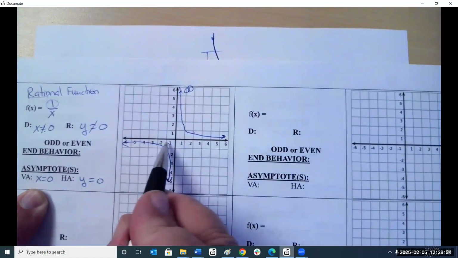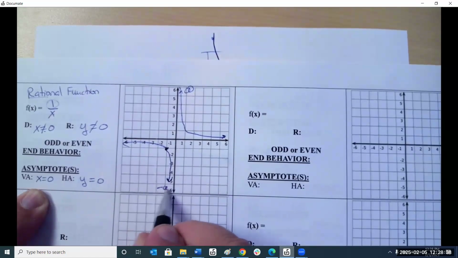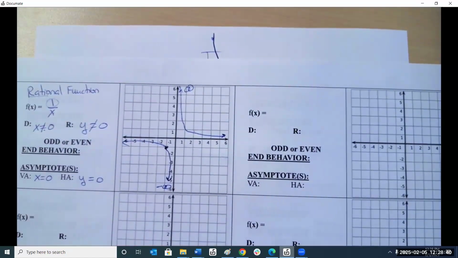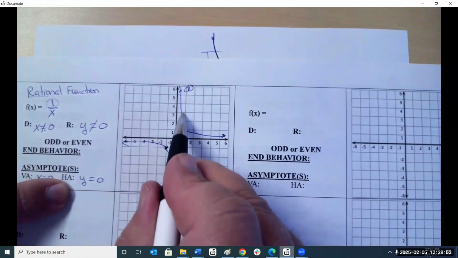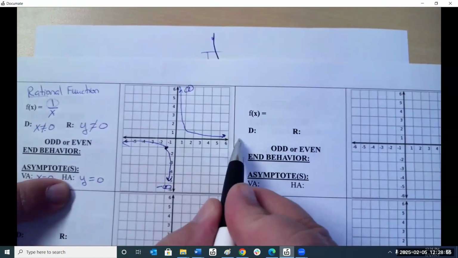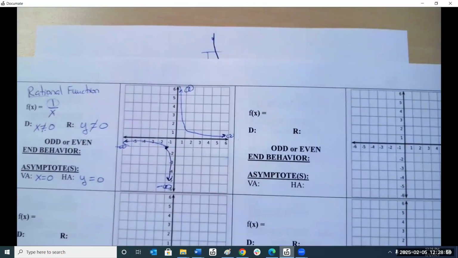As it gets closer to 0 from the left, it goes to negative infinity. That's what defines a vertical asymptote: as we get closer to it, it goes to either positive or negative infinity. With a horizontal asymptote, it's the same idea.